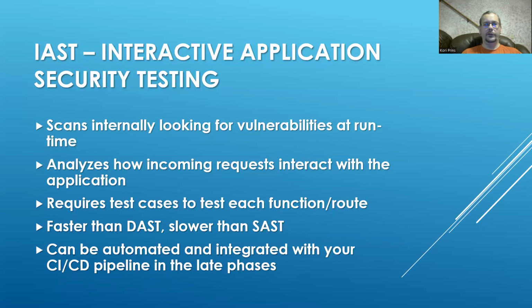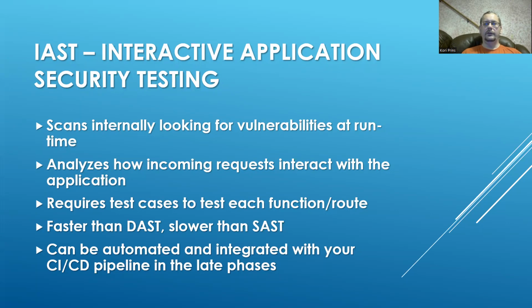Moving on to the third type, we're going to talk about interactive application security testing, IAST. IAST is a bit of a hybrid between SAST and DAST solutions. It scans internally to the application looking for vulnerabilities, but it also has to do it at runtime. So it does require functional code in order for IAST to work.